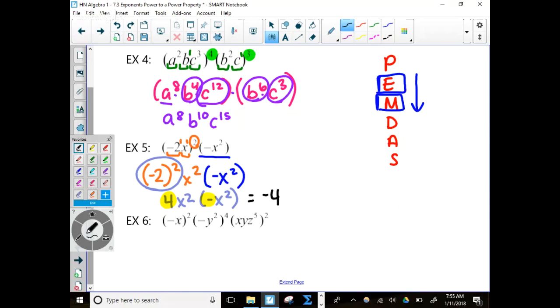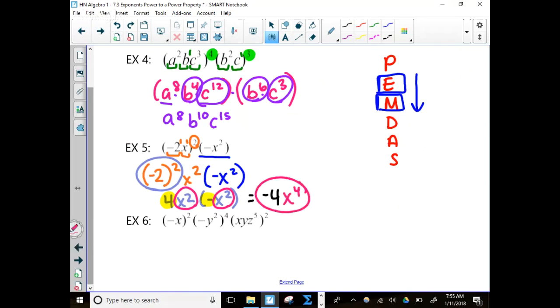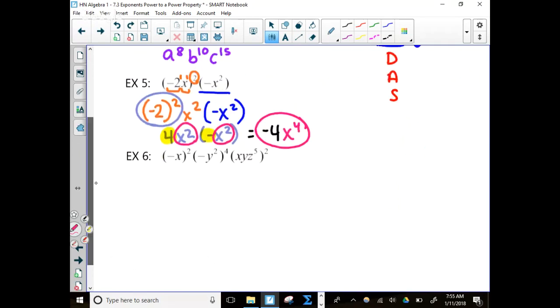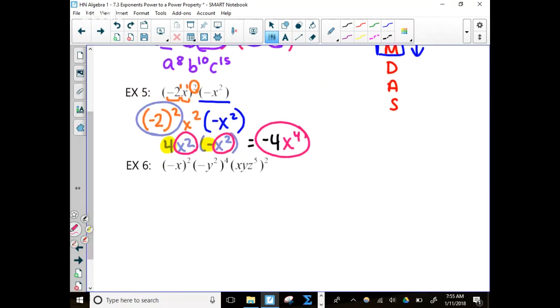So that would be a -4. And then we have our exponents here. They are the same base of x squared and x squared. So we are then going to go ahead and add the exponents, so x to the 4th. Okay. All right, next one.